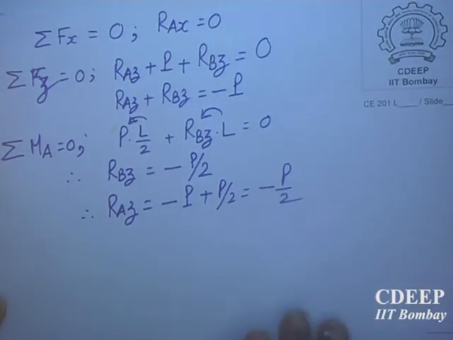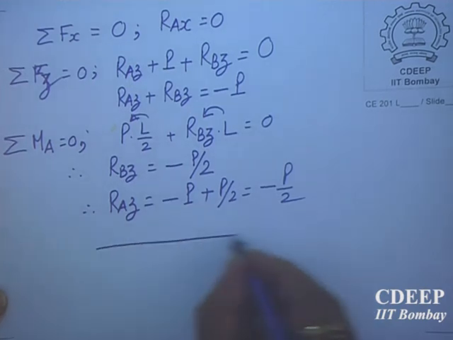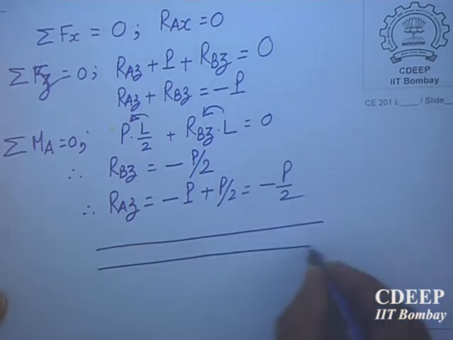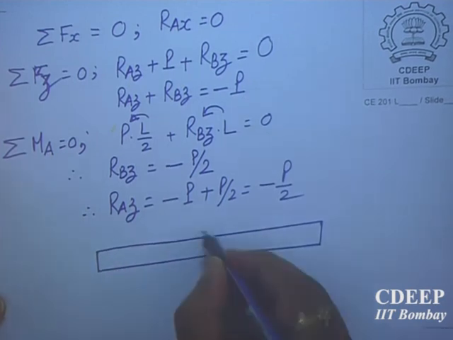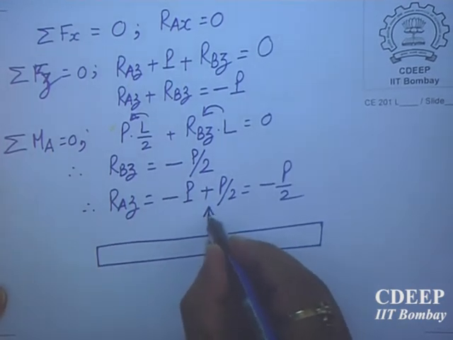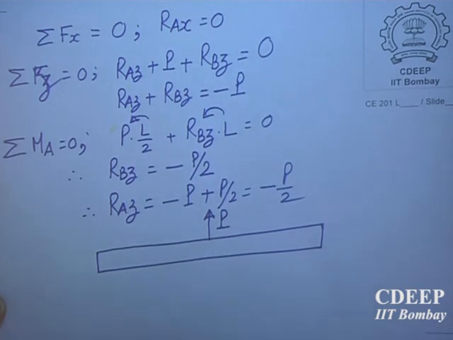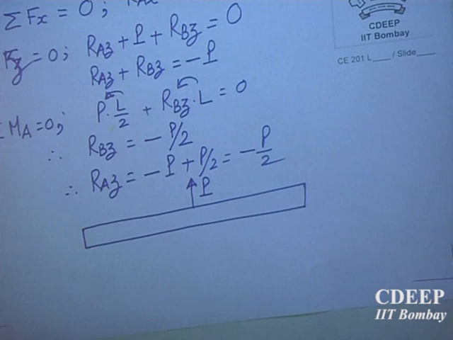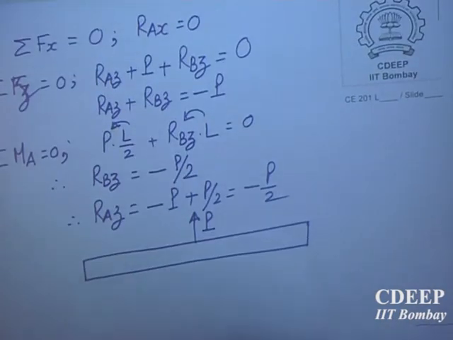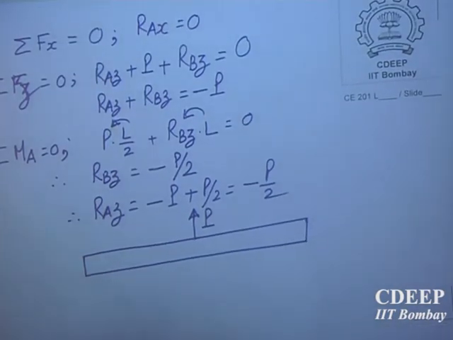So we have got all of them. Now the free body diagram, please show. If there is a load in the center P like this, then there have to be 3 reactions. Of course this one is 0.